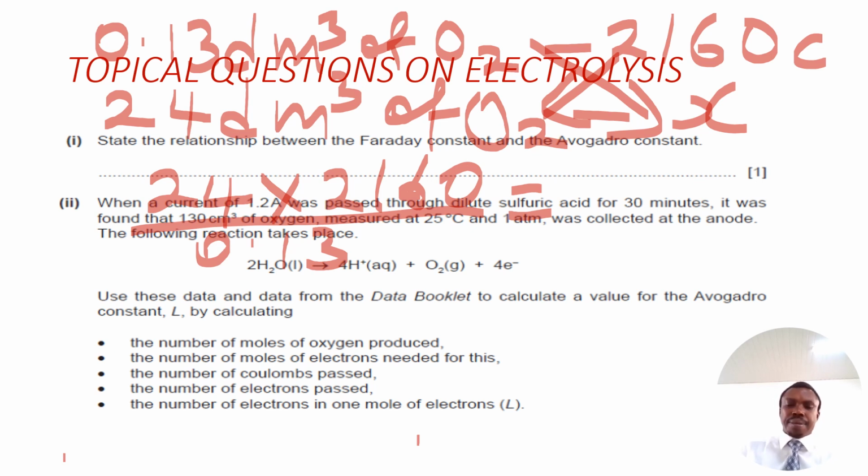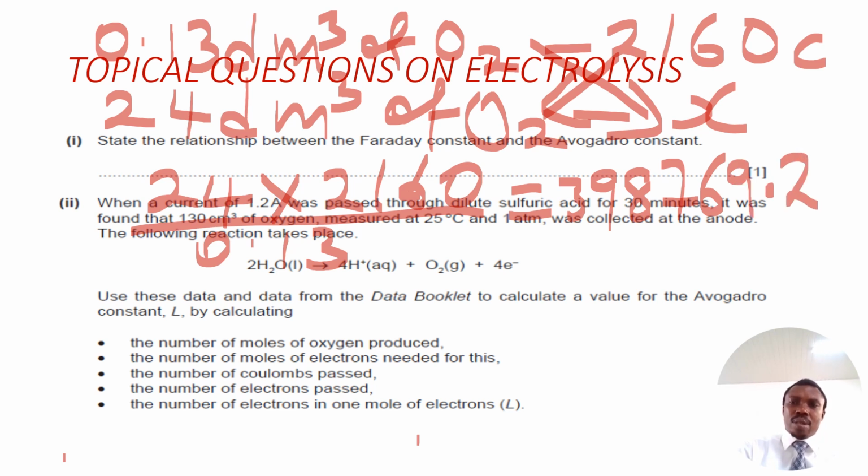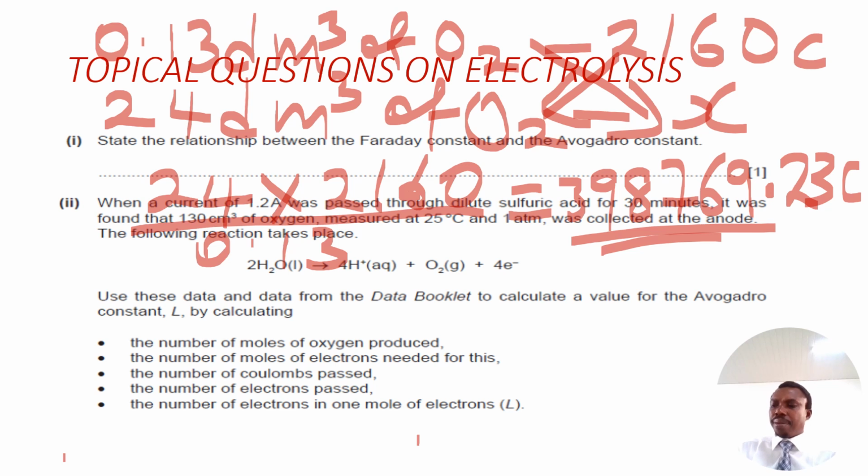So you have 398769.23 coulomb for 24 dm³ of oxygen, which is 1 mole of oxygen, so which is 398769.23 coulomb. So for 1 mole of oxygen, which is 24 dm³.